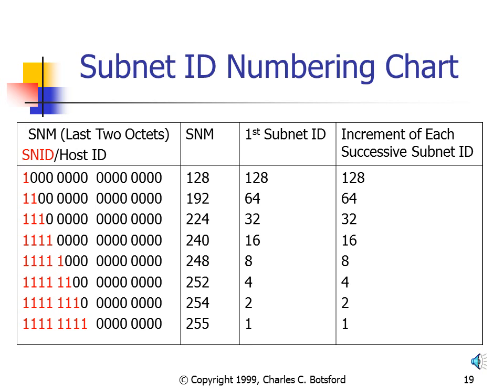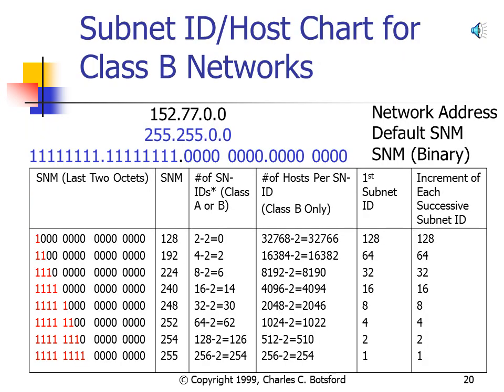Now remember, if the first subnet ID starts at, for instance, 64, each successive subnet ID will also start at a multiple of 64. Or if the first subnet ID starts at 8, each successive subnet ID will start at a multiple of 8. Here we've taken two different charts and added them together. We started out with our subnet ID host chart for a Class B network, where we've listed the different custom subnet masks and then also listed the number of subnet IDs and the number of hosts per subnet ID that each custom subnet mask would give us.